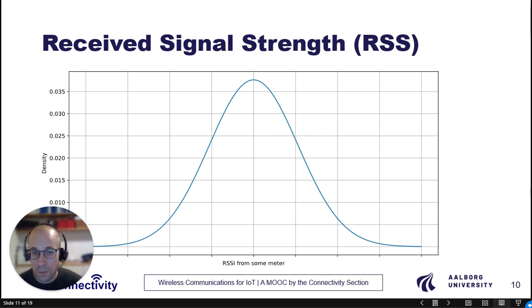In this case, I've just used a simple normal distribution for convenience, and the standard deviation of this normal distribution would be a result of the variation that we see from the penetration loss, and the shadowing, meaning obstacles in the signal path causing the signal to propagate through other paths with multiple reflections and so on.